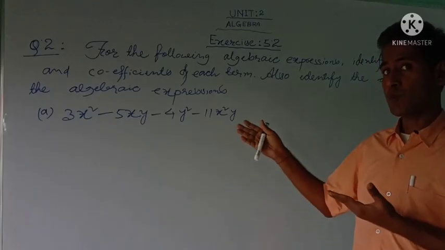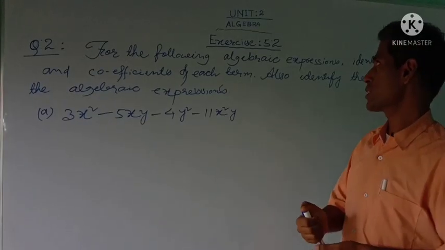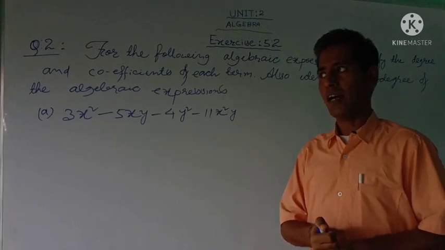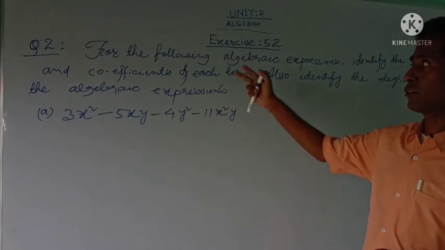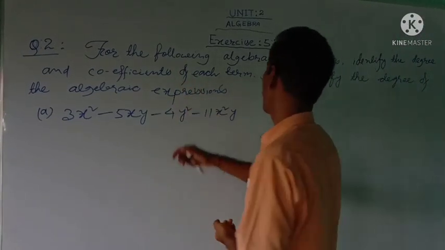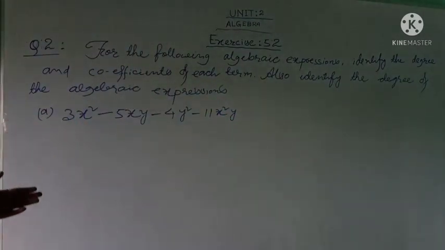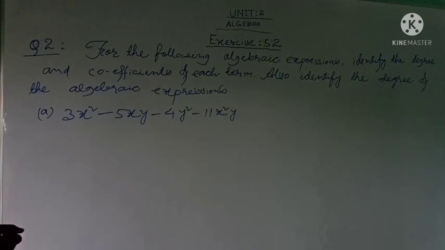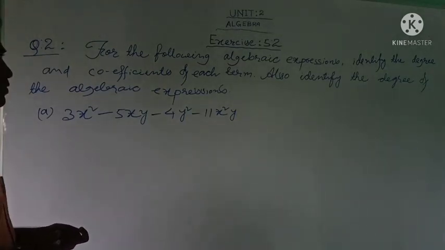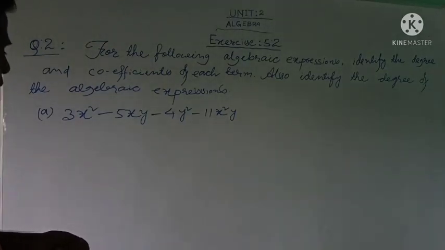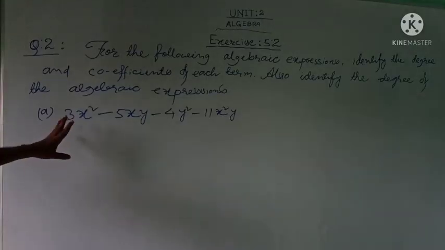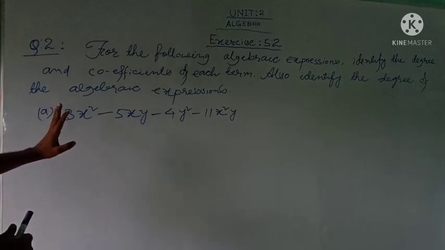Well, children, now let us proceed to exercise 5.2, and here question number 2 has been picked up for you. See, for the following algebraic expression, identify the degree and coefficients of each term. Also identify the degree of the algebraic expressions. Okay, well, so here question we have got, see what we have to find out.